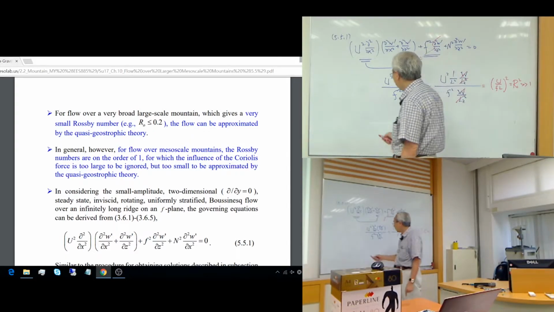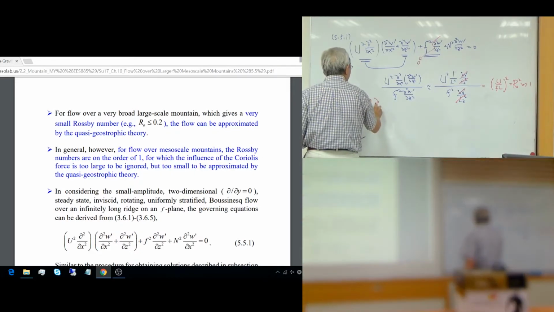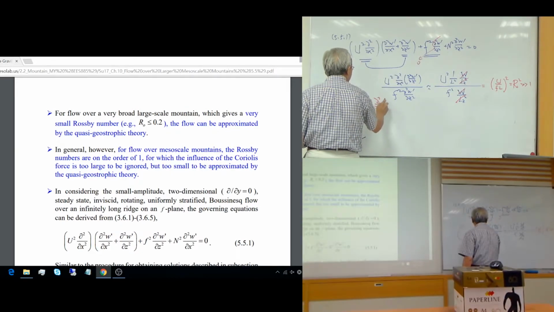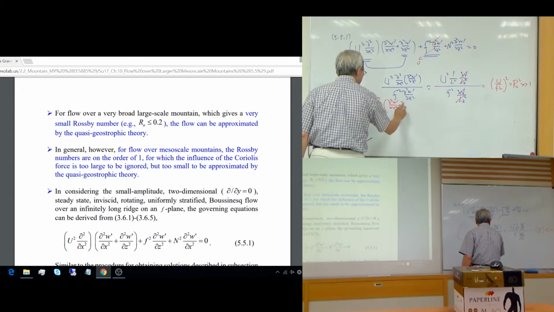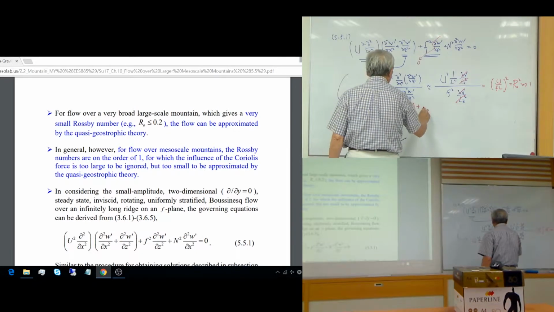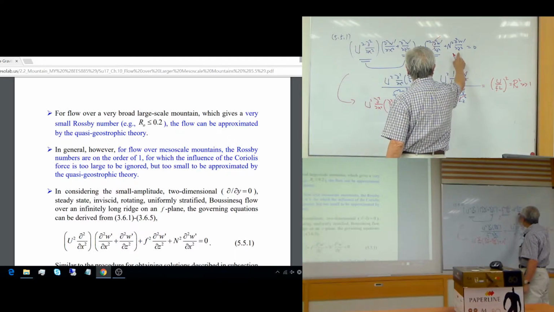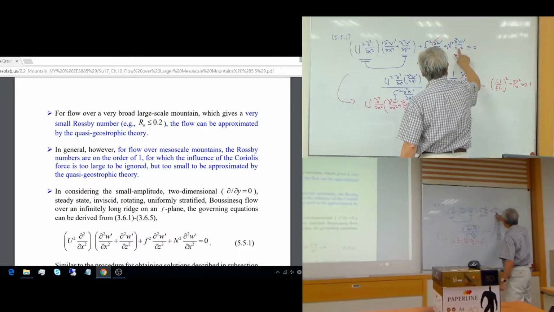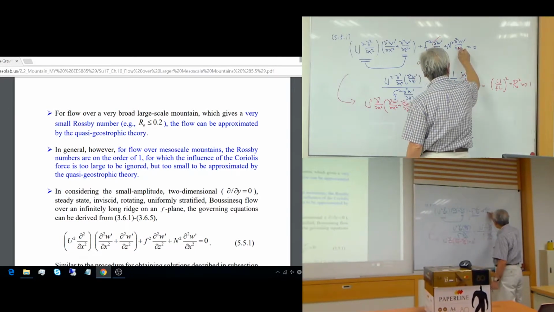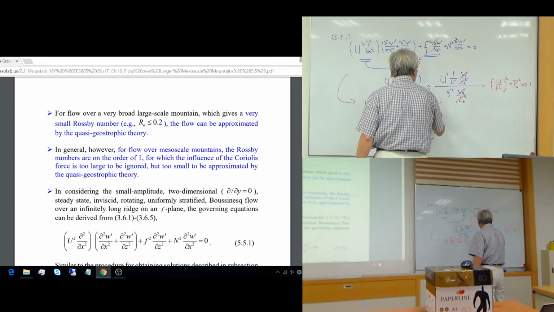Then the equation becomes U squared partial squared w prime over partial x squared plus partial squared w prime over partial z squared, plus N squared, I think this is probably x squared, yes. So this is d squared w prime over dx squared.